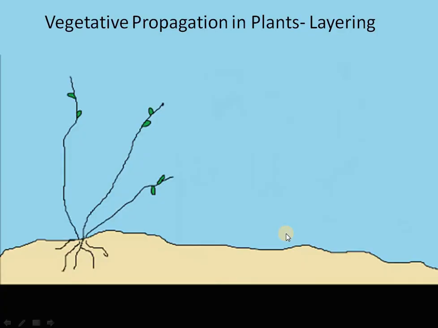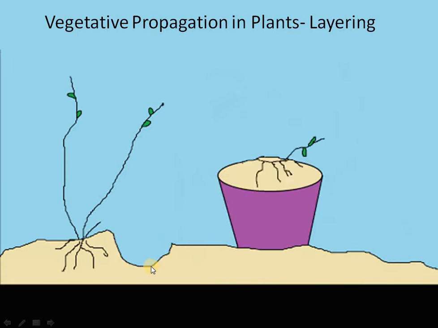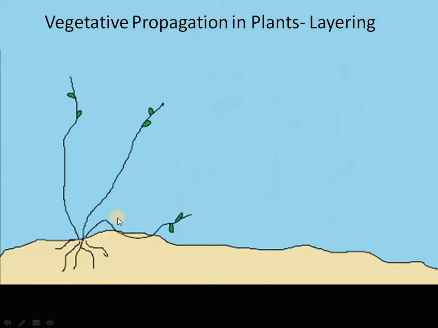So let's see the first method, that is of layering, where you see that the lower branch of the tree is lowered into the soil, and the roots start to grow from the shoot, and once the roots were able to anchor the new plant into the soil, it was separated from the parent plant and was planted into a separate pot.